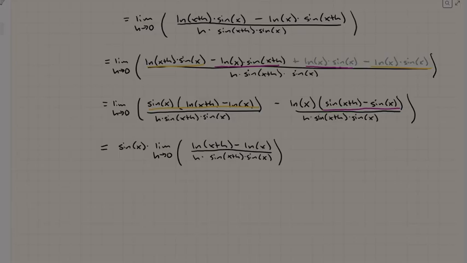We're going to factor out that negative and the ln multiplied by the limit expression. So it would be minus ln of x times the limit as h approaches 0 of, and then we don't write the ln part anymore, sine(x plus h) minus sine x over h times sine(x plus h) times sine of x.